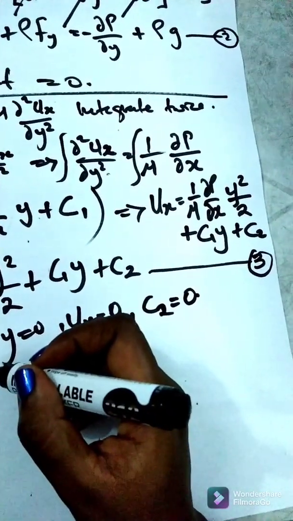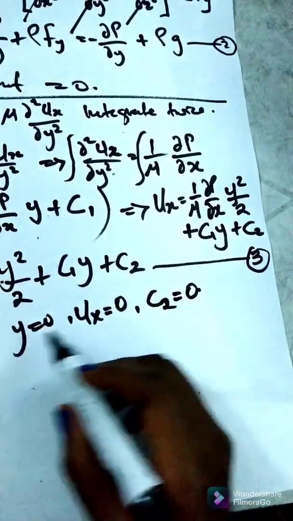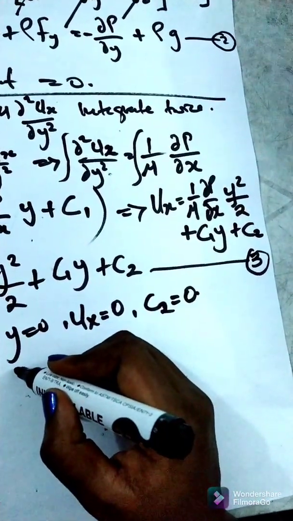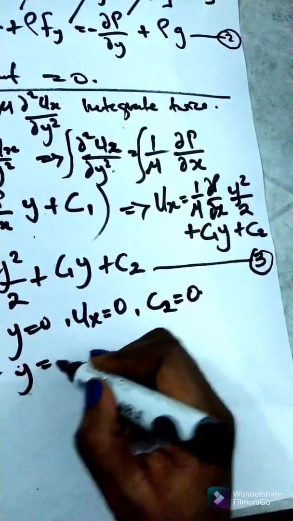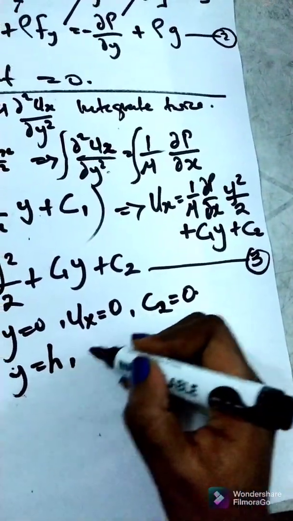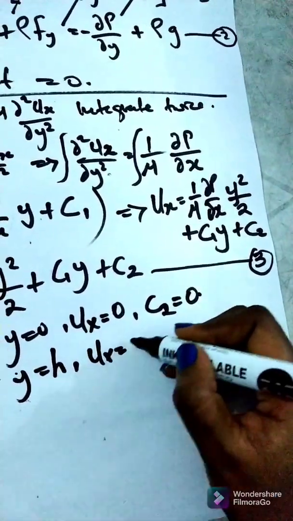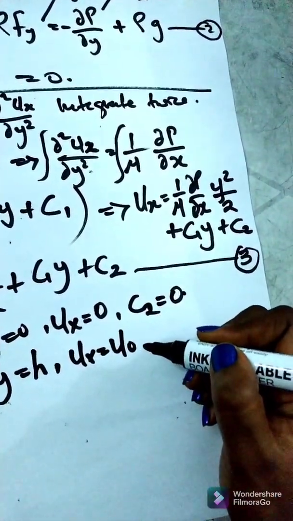That's the lower boundary condition. Then also the upper boundary condition: when y is equal to h, ux will be equal to uo.